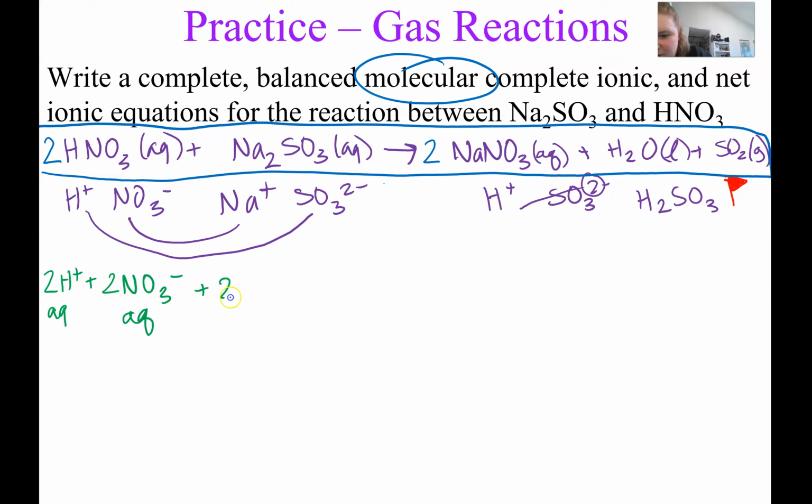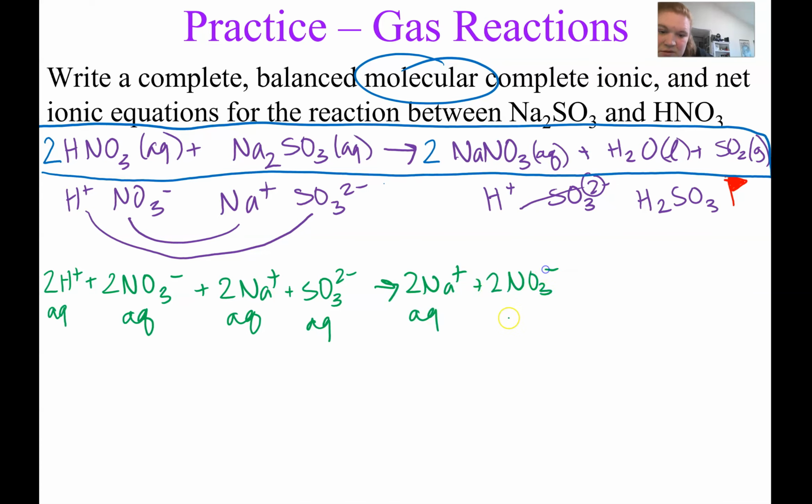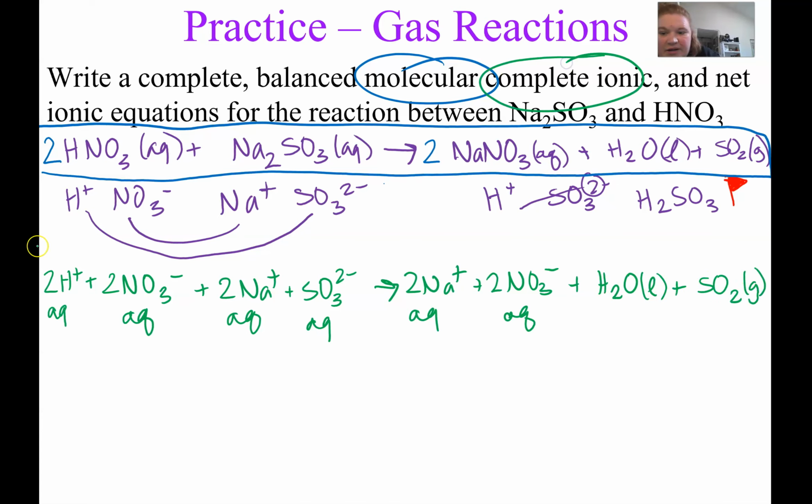Aqueous, 2 sodiums, aqueous, sulfite, aqueous, 2 sodiums, aqueous, 2 nitrates, aqueous. We only break apart aqueous, so my next 2 compounds are going to stay as molecules. Water and SO2 gas. So there's my complete ionic in green.